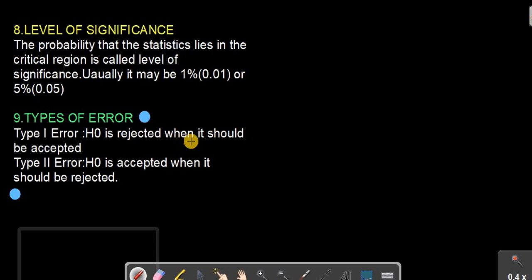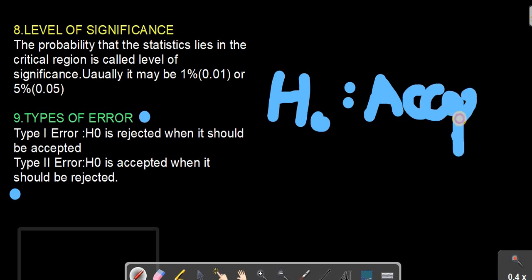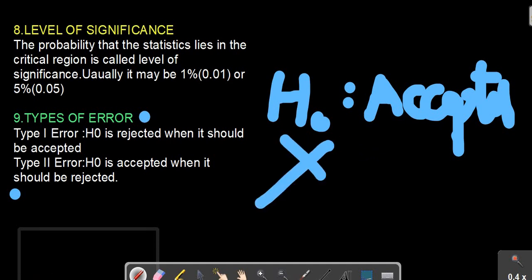Actually, the null hypothesis we are making must be accepted, but unfortunately we reject it. H0 is rejected, but actually it must be accepted.